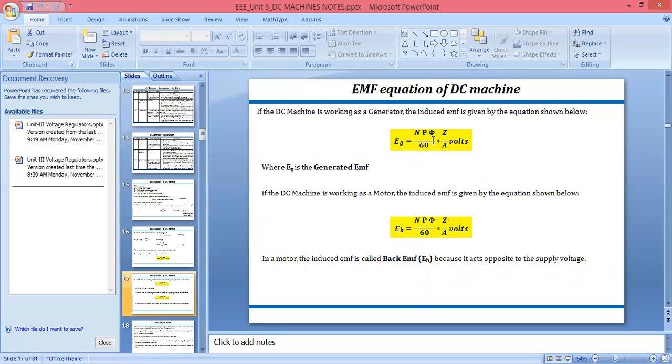And if this EMF is induced in the DC motor, we call that EMF the back EMF.